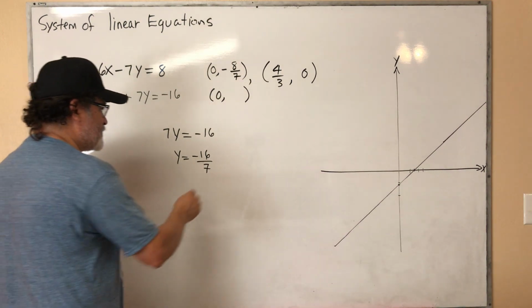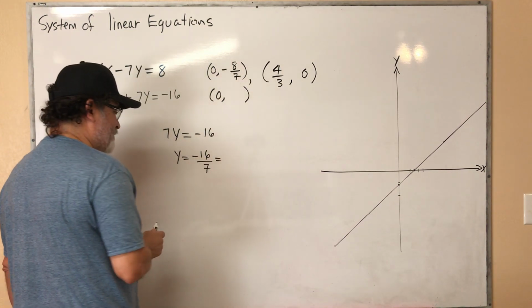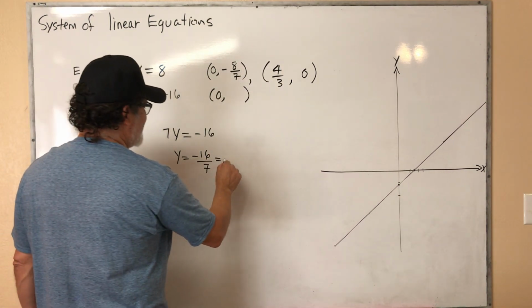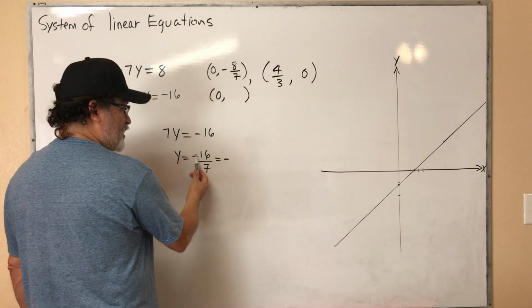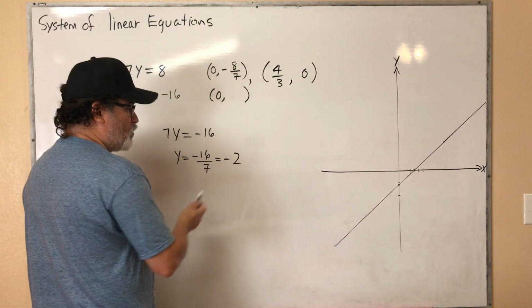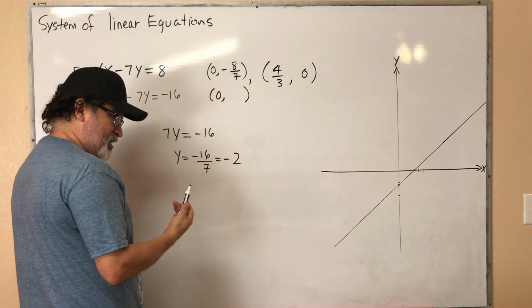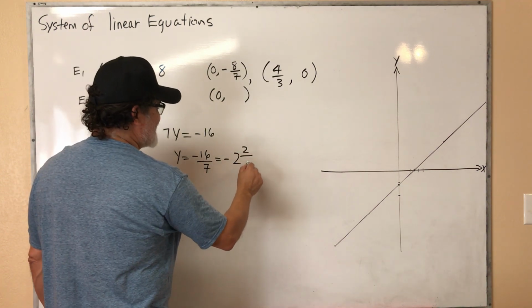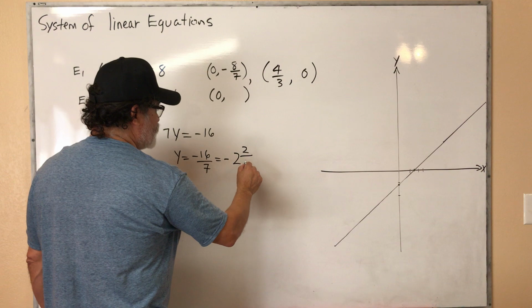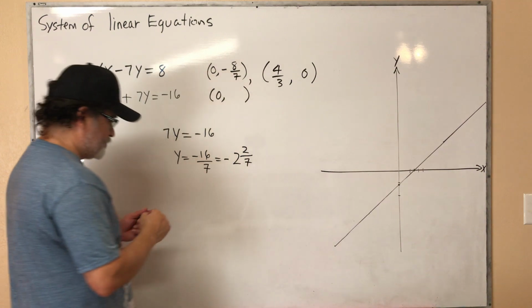How many times does 7 go into 16? Twice. What's 2 times 7? 14. Plus 2, 16. Right, so this is negative 2 2/7.